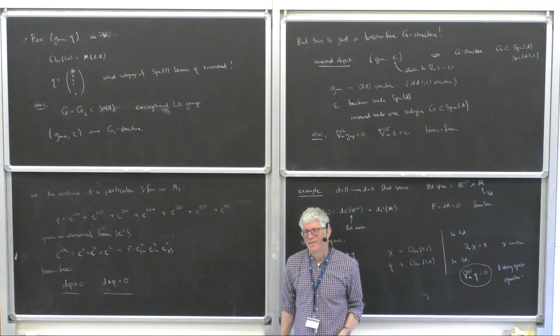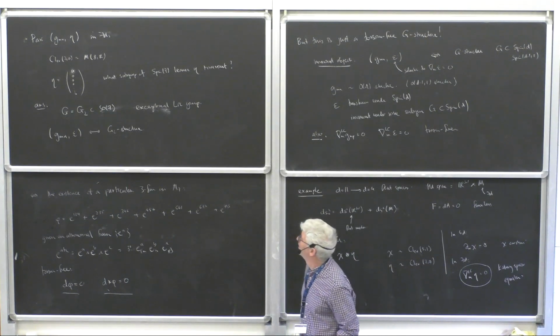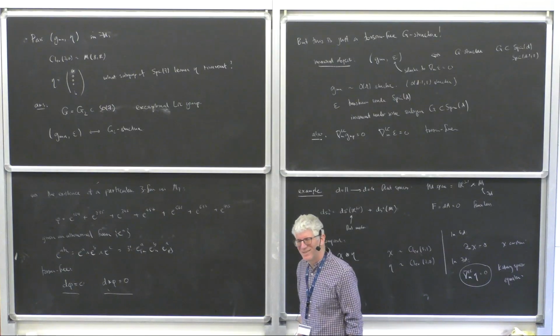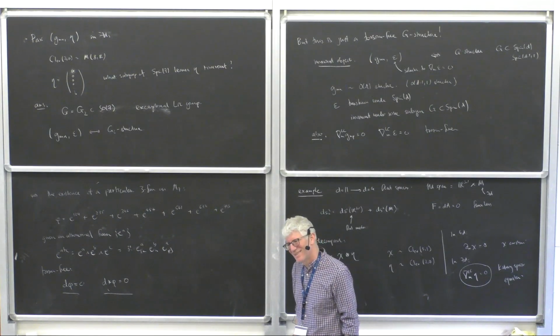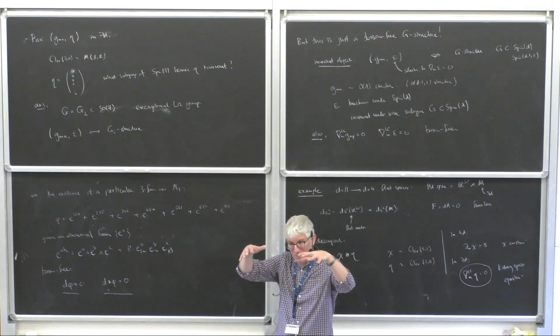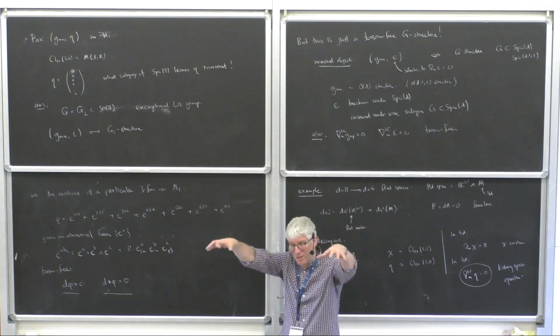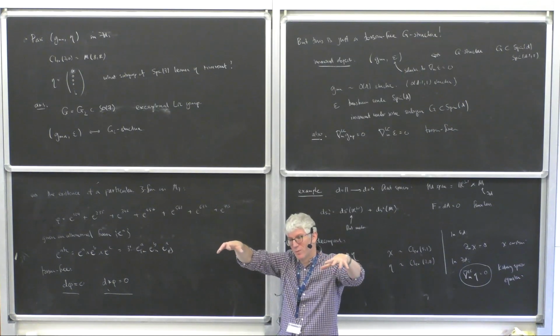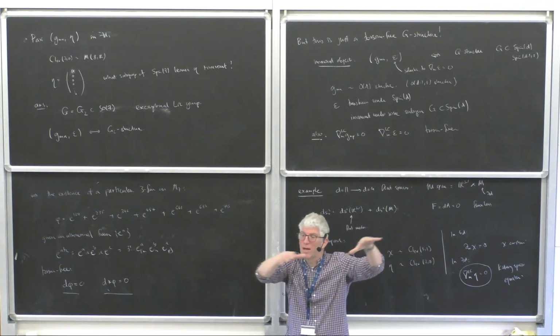We have an action which involves the bosons and fermions. If we impose that delta epsilon of the fermion is equal to 0, and delta epsilon of the boson is equal to 0, that epsilon would be a symmetry of the whole action, right? Yes, a new symmetry. So it's a symmetry of the background. I'm choosing a particular background, a particular configuration of fermions and bosons, and it's a symmetry of that particular background.